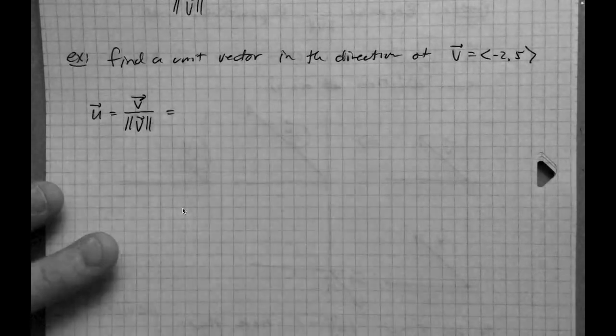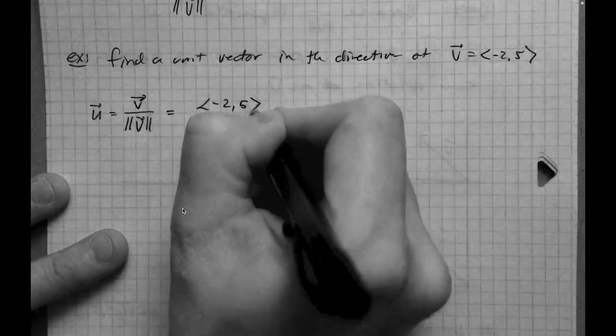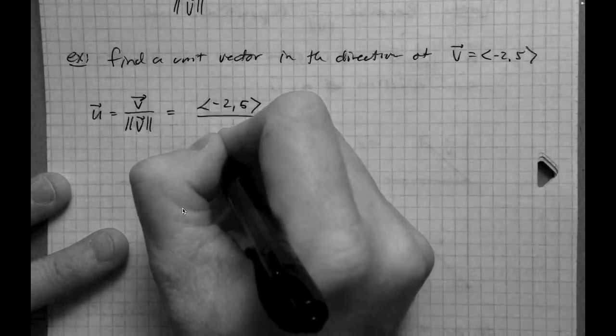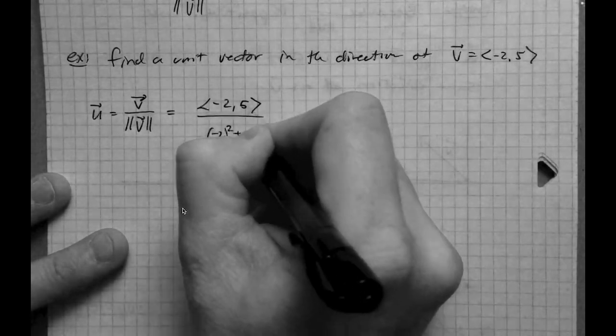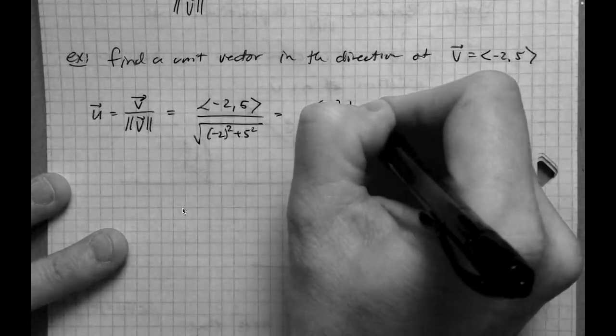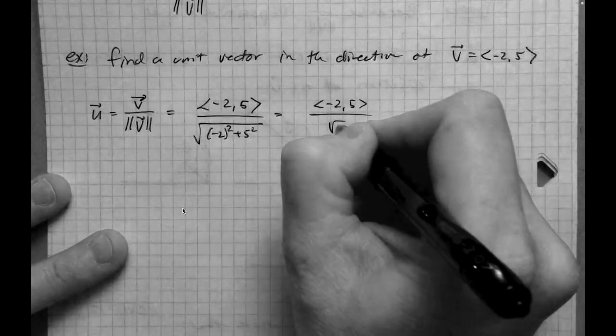We can write this in here: -2, 5. And what's the norm of this vector? That'll be -2 squared plus 5 squared, and the square root of that. So it'll be -2, 5 divided by the square root of 29, I think.